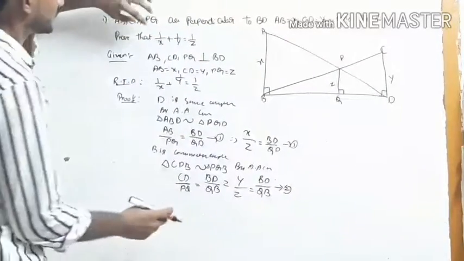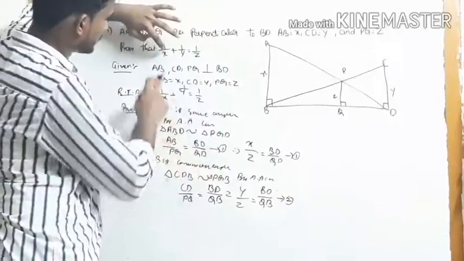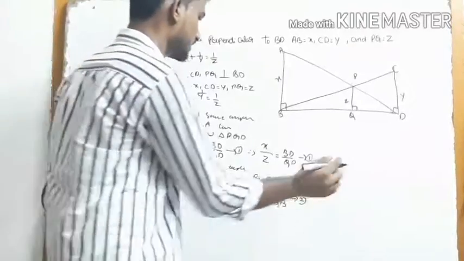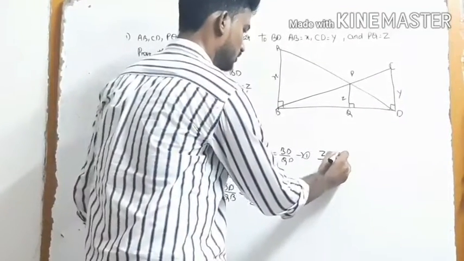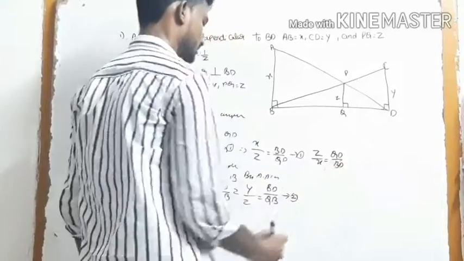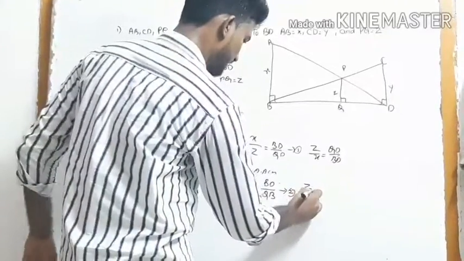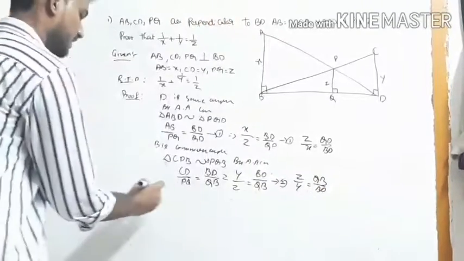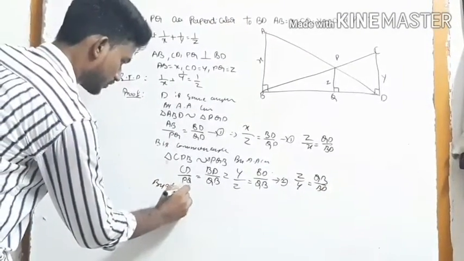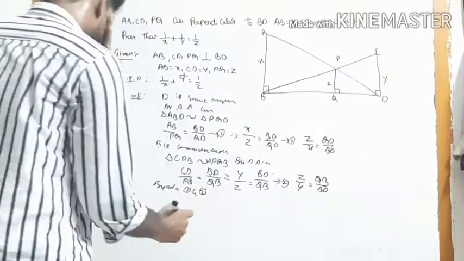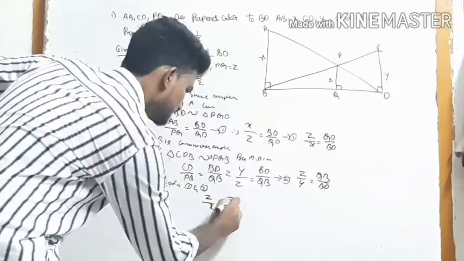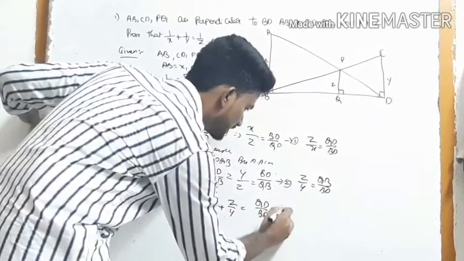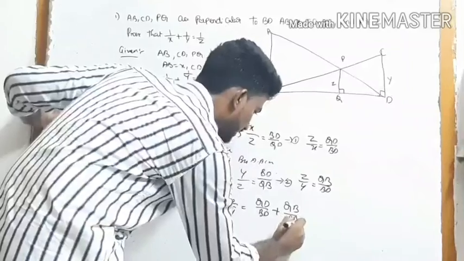We want x and y in the denominator, so we take the reciprocal of both the first and second equations. Then we get z by x equals QD by BD, from the first equation, and z by y equals QB by BD, from the second. By adding 1 and 2 we get z by x plus z by y equals QD by BD plus QB by BD.